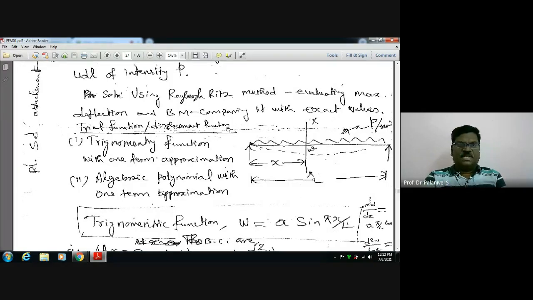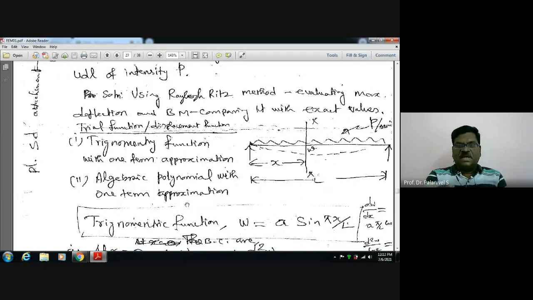Either you can go for a trigonometrical function with a one-term approximation, or an algebraic polynomial with a one-term approximation. If you want more accuracy, you have to go for more terms: a combination of two functions, two terms, or three independent functions, three terms, combined with unknown parameters.